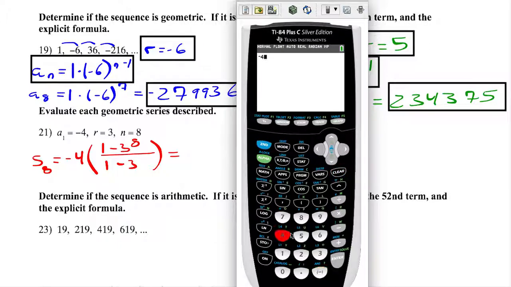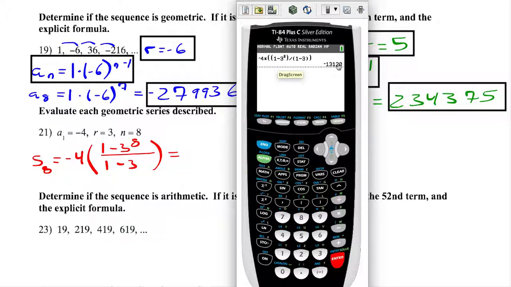So this is going to be negative 4 times parentheses. I'm going to put another set of parentheses. 1 minus 3 to the 8th divided by parentheses 1 minus 3. Close those parentheses, close the other parentheses.